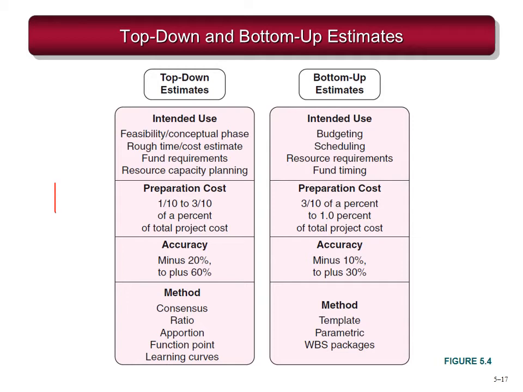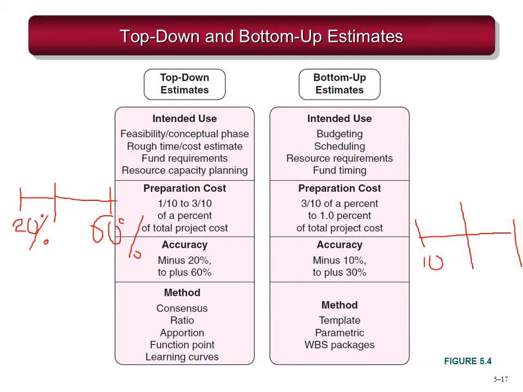So if this is the actual, the top down can go up to 20% less or 60% more, whereas the bottom up, if this is the mean, the center is the mean or the actual cost, it can go on the lower side like 10% and the higher side 30%.